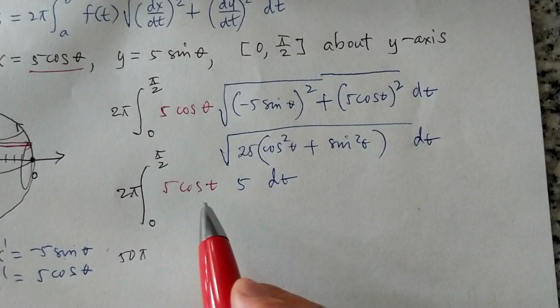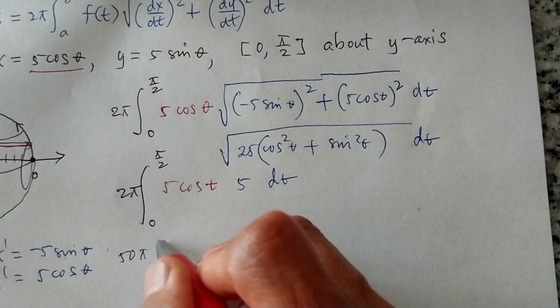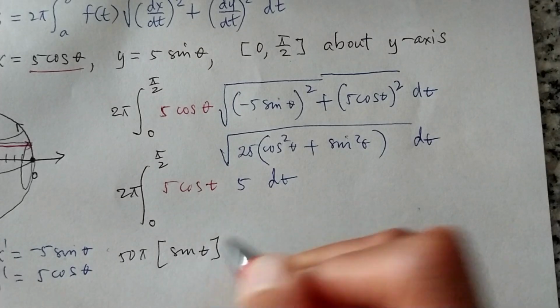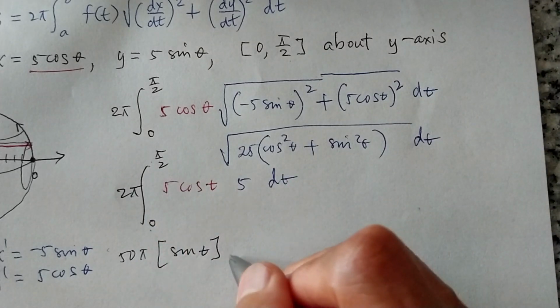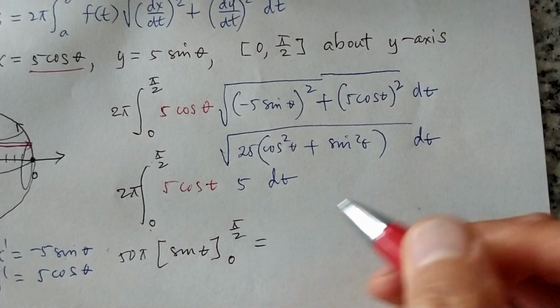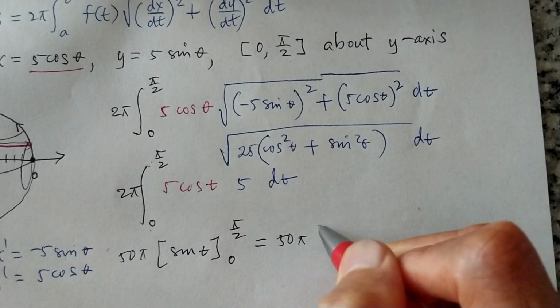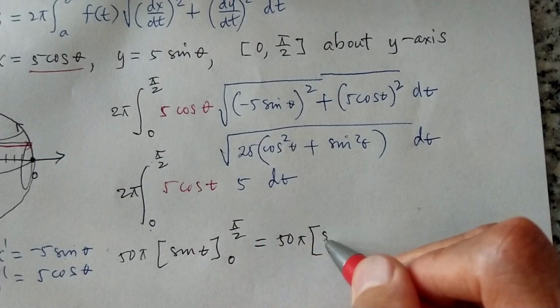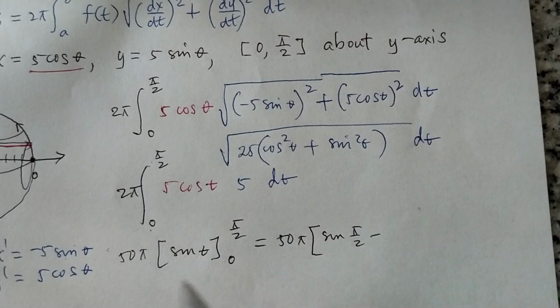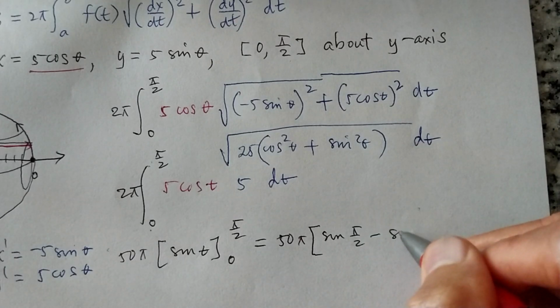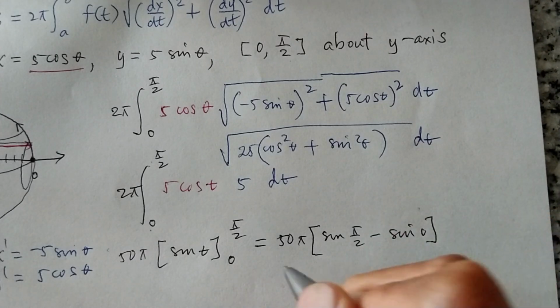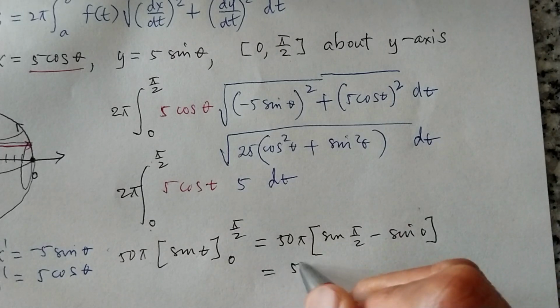And the integral of cosine is sine. We evaluate that from 0 to pi over 2. Well, sine pi over 2 is 1, but sine 0 is 0. So this will give us simply 50 pi.